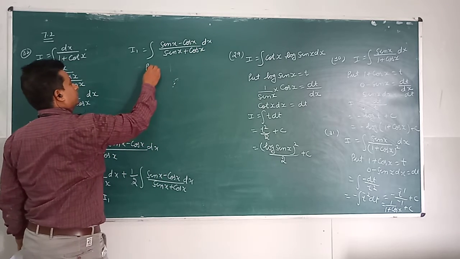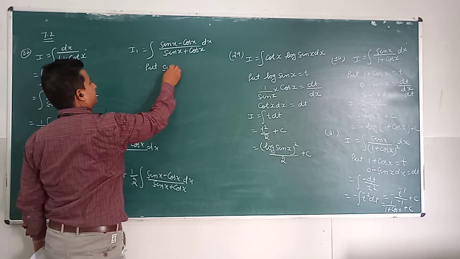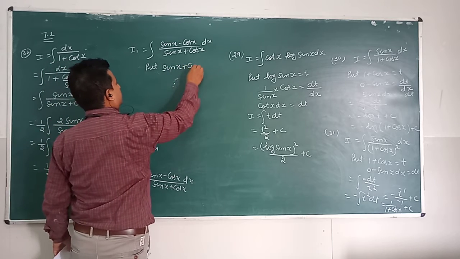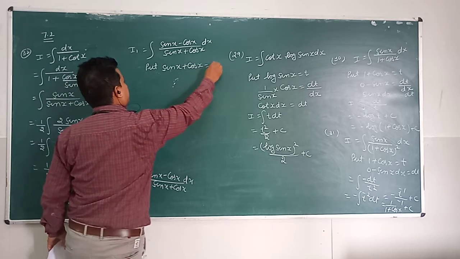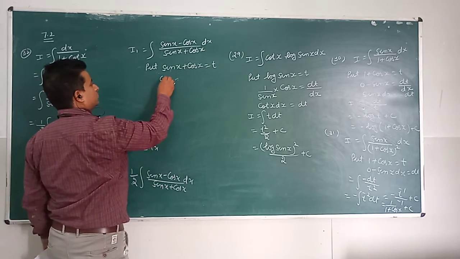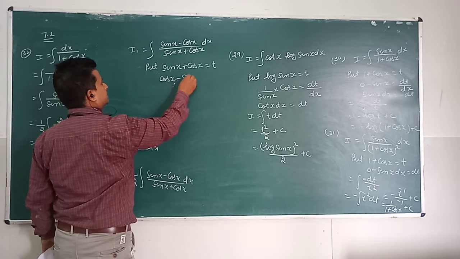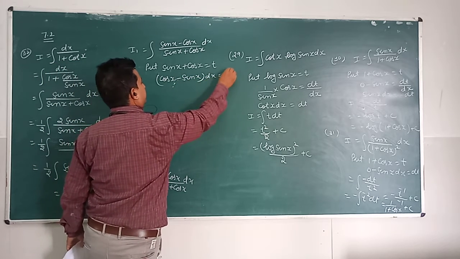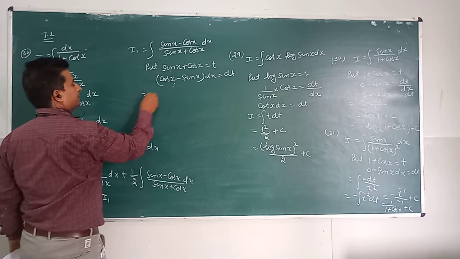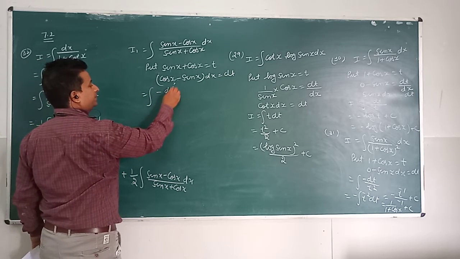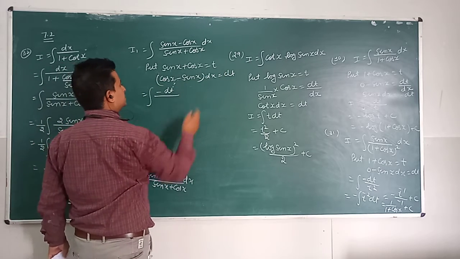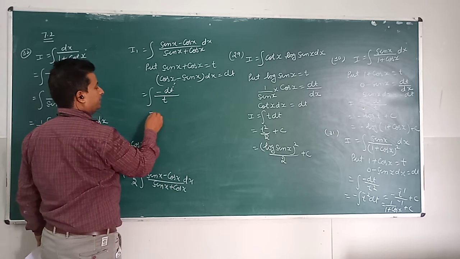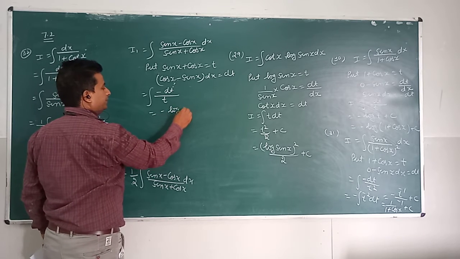Here we put the denominator, sin x plus cos x, equal to t. Differentiation of sin is cos, and of cos is minus sin, so dx gives dt. When we put the value in the numerator, this is minus dt. When we multiply by the negative sign, dt upon t, this is log t.